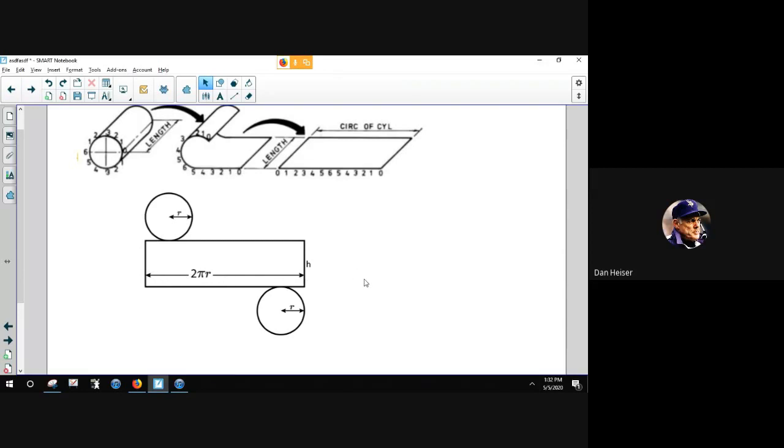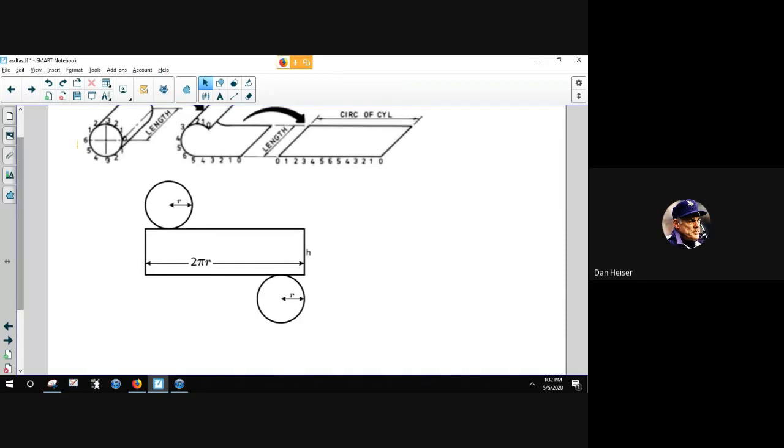So let's put this all together for surface area of a cylinder. Surface area of cylinder. We know the base area is 2 times the area of one circle.